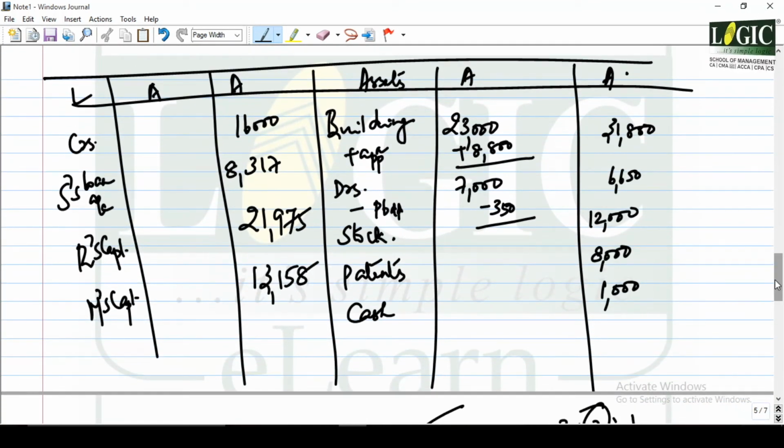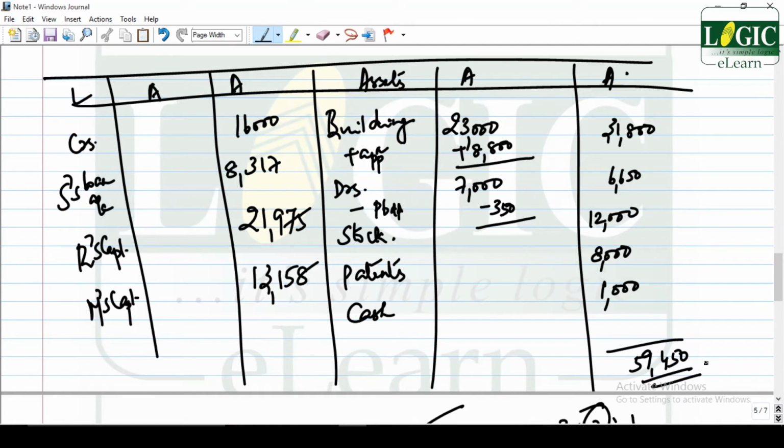Now we should see whether the balance sheet is tallying. Coming to the asset side, what is the picture? 31,800 plus 6,650 plus 12,000 plus 8,000 plus 1,000, 59,450.